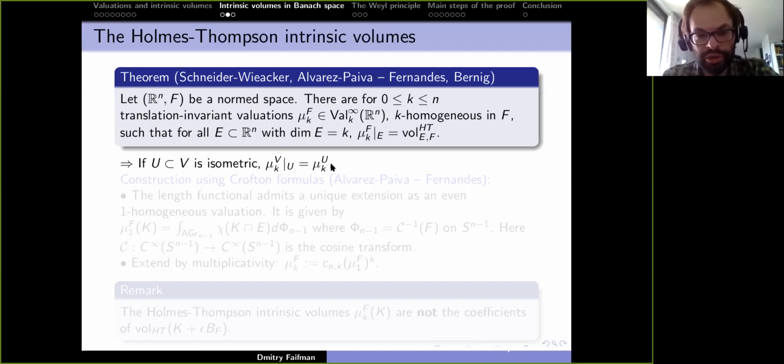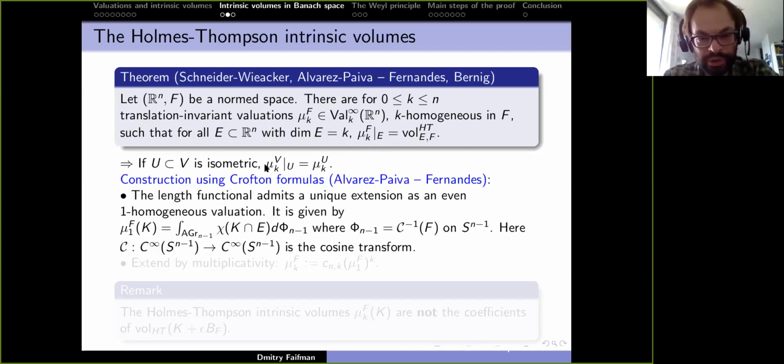The reason is Klain's theorem, that a valuation is determined by its restrictions to subspaces of dimension equal to its degree of homogeneity. Since those are just the Holmes-Thompson-Lebesgue measures, everything here is unique. Let me skip this construction.